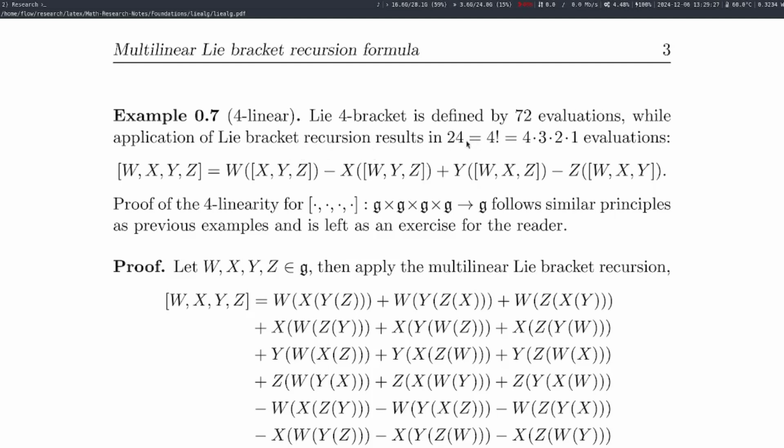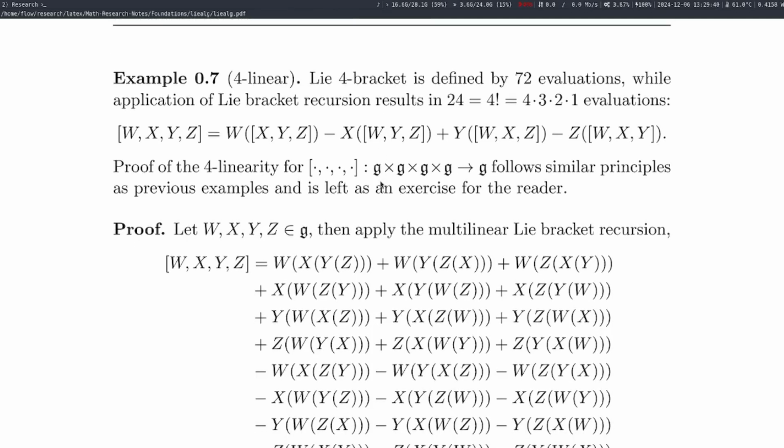So if you wanted to actually do this exercise and prove this, you can speed it up, make it 3 times shorter by knowledge of my Lie bracket recursion formula.